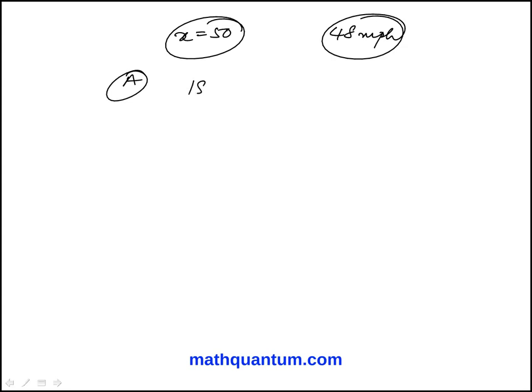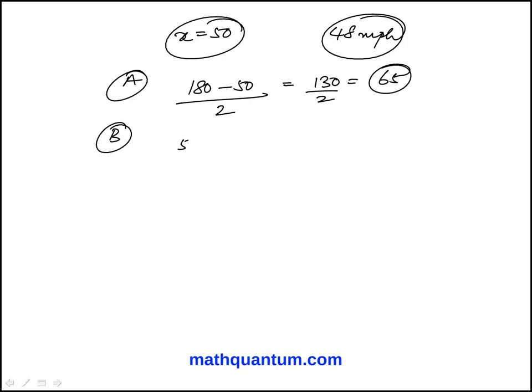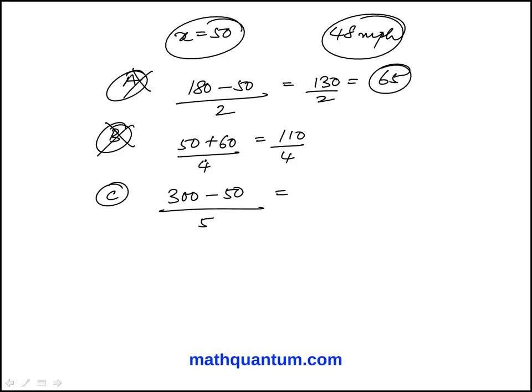We know the answer is E here, so it's just a matter of luck where you start. So that's 110 over 4, which is clearly not 48. So we know A and B are out. C is 300 minus 50 over 5, which is 50.